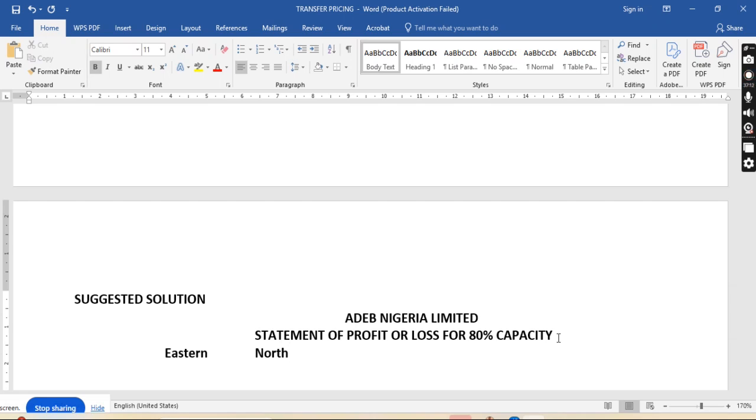We have the group. Don't forget, you should do it based on 200 naira per ton and 180 per ton, and it should be based on 80% capacity.